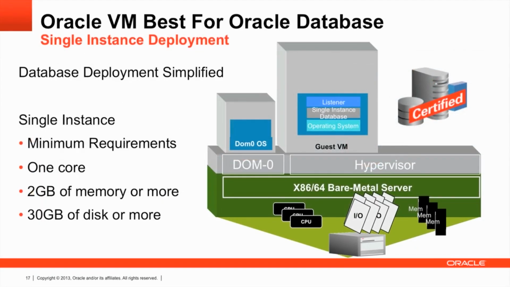So one of the recommended best practices as far as deploying Oracle Database or virtualizing Oracle Database is through Oracle VM templates. And just an example here is for a single instance database deployment. Really, we're looking at minimum requirements of 1 core, 2 gigabytes of memory or more, and then 30 gigabytes of disk space.